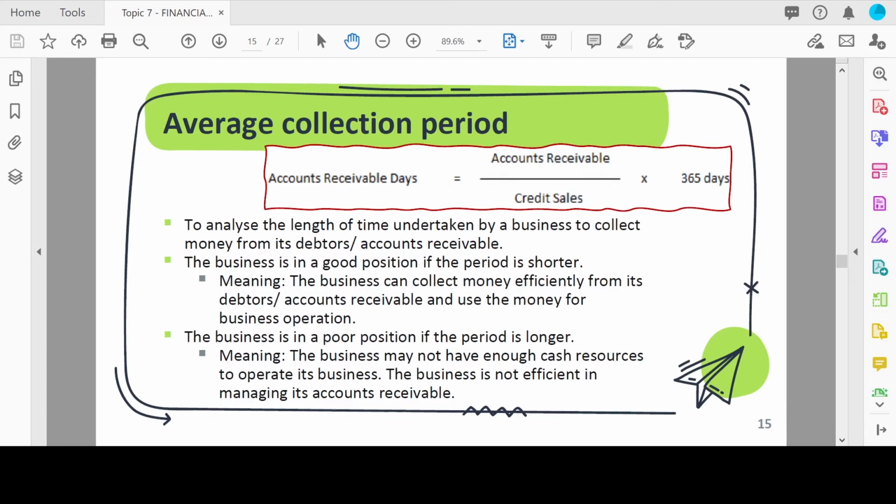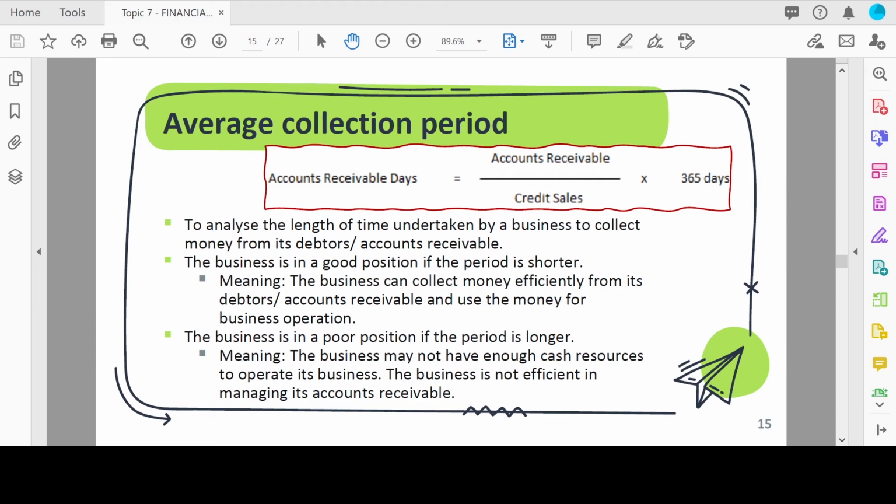If the period is longer, it means that the business is in a poor position, the business is not collecting money fast enough, and the business may not have enough cash resources to operate the business. So the business is not efficient in managing the account receivable. The business has to think of something. They have to maybe strengthen their collection policy, strengthen their credit policy.